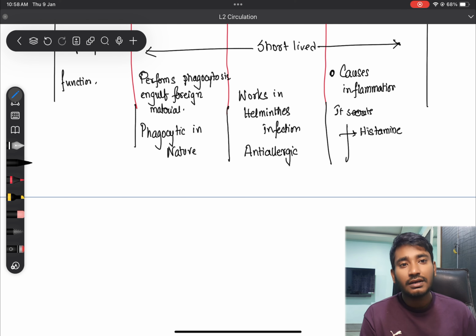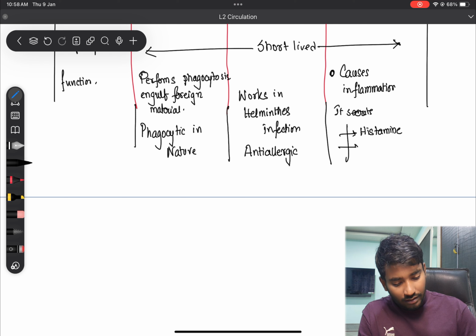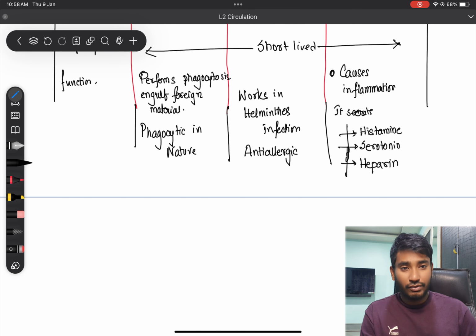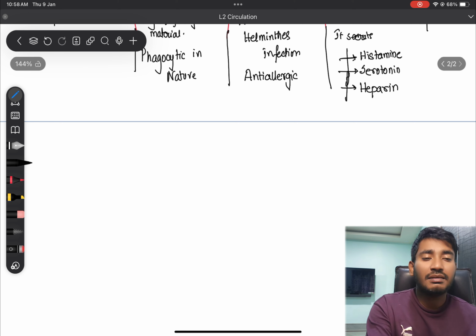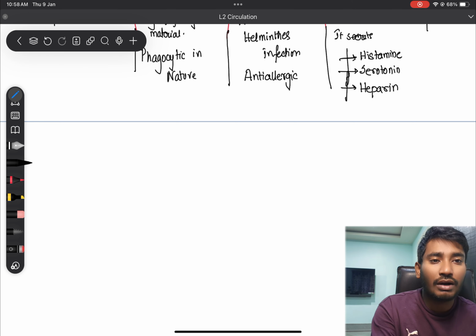So we give antihistaminic drugs if required. The second one is serotonin, and the third one is heparin. The main function of heparin is anticoagulation.